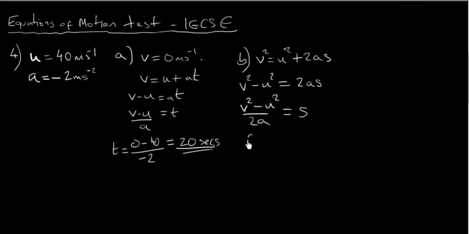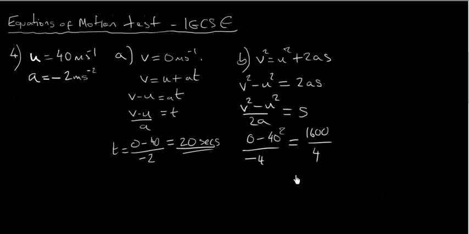We've got v, which is 0, minus u squared, which is 40 squared, over 2a, 2 times 2, but it's minus 2, so that's minus 4. So we've got negative 40 squared at the top. 4 squared is 16, so 40 squared is going to be 16 with 2 zeros afterwards, so 1600, divided by 4.